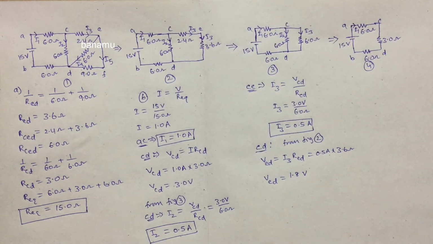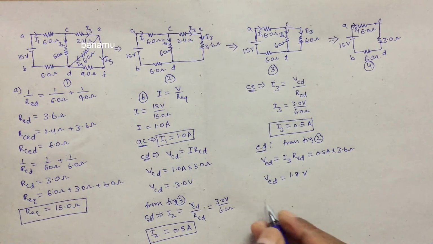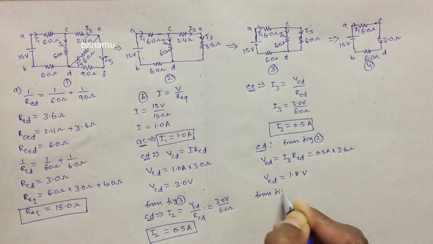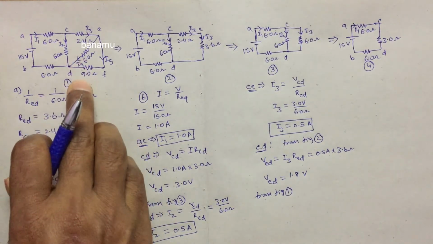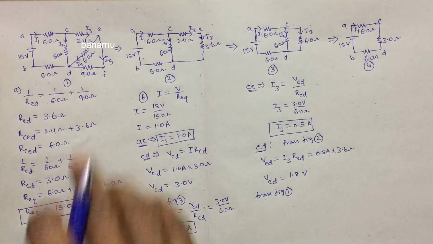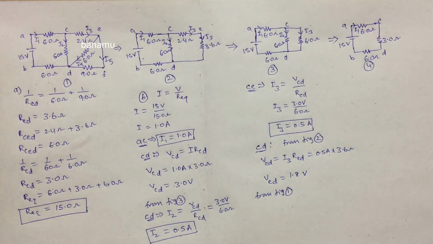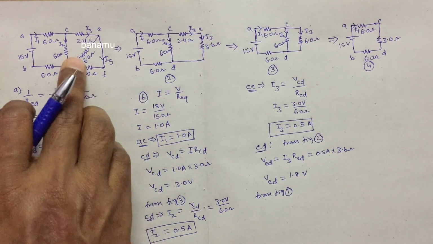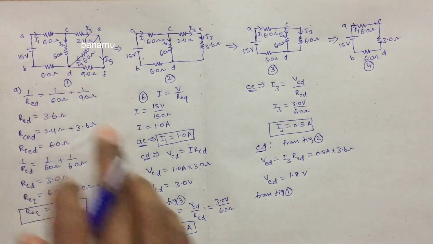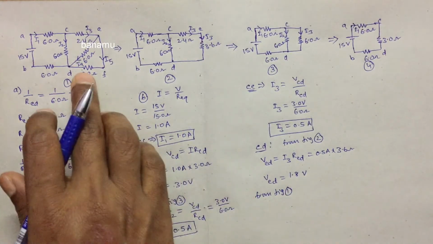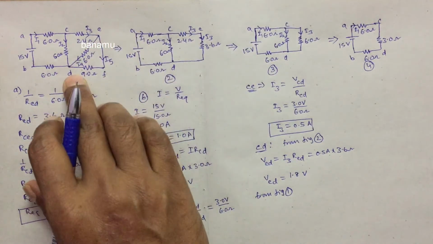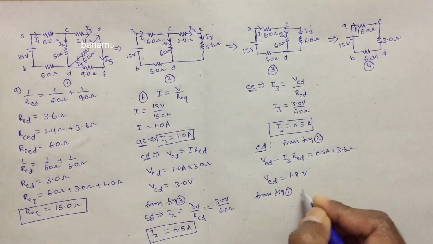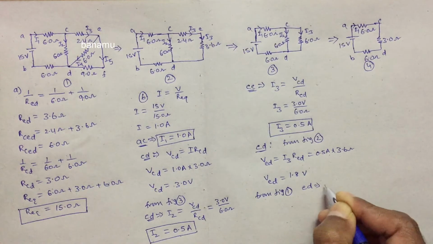So consider figure 1. From figure 1, the 6 ohm resistance and the 9 ohm resistance are connected in parallel between the points ED. In a parallel circuit, the potential difference is the same across any resistance. So the potential difference across the 6 ohm and 9 ohm resistances is the same, that is VED equal to 1.8 volts. So the current through ED is I4.